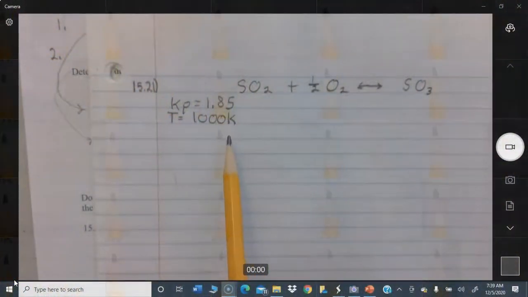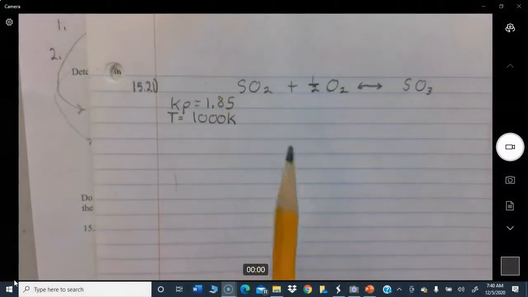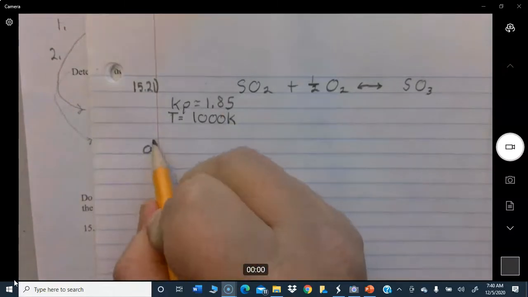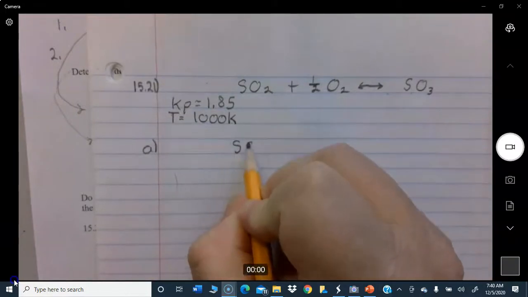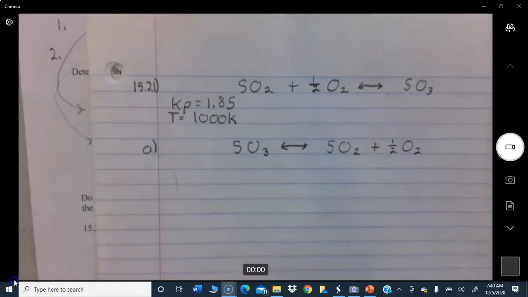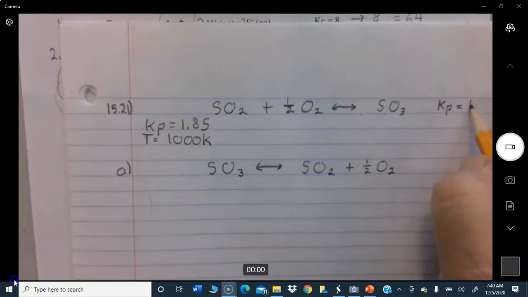Okay, so when you write it down, just write down the essential information, temperature in Kelvin. Again, temperature doesn't play into this at all other than to let you know that it stays constant. So the first one they are asking is they're reversing it. So we're going to do A right here. We're going to flip the sides back and forth here. So this right here, we could go ahead and write the Kp was 1.85.